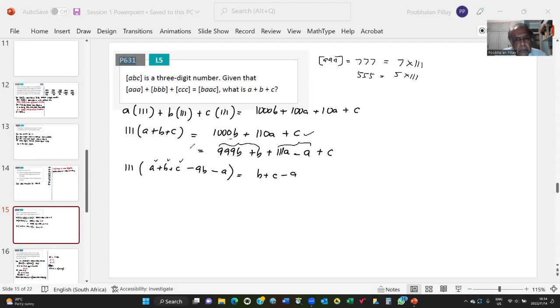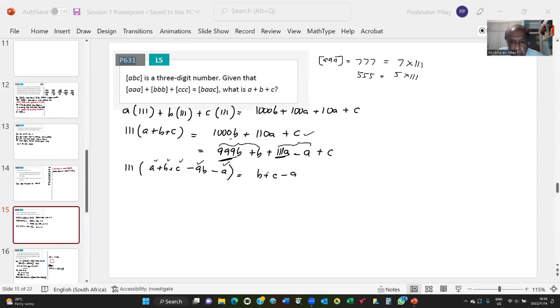When you take that to the other side, this is 111 times 9B, and this is 111 times A, which becomes minus 111 times A. I've taken 111 out as a common factor, and what's left is B plus C minus A.